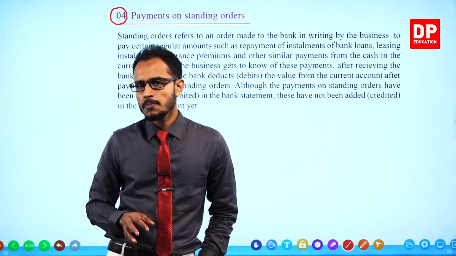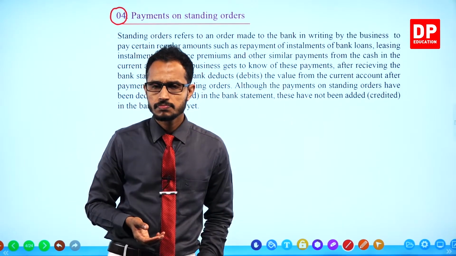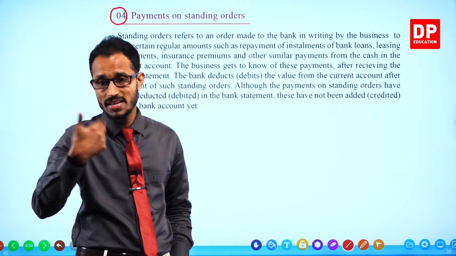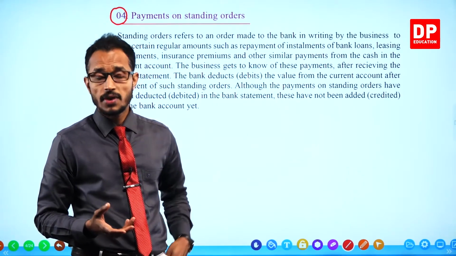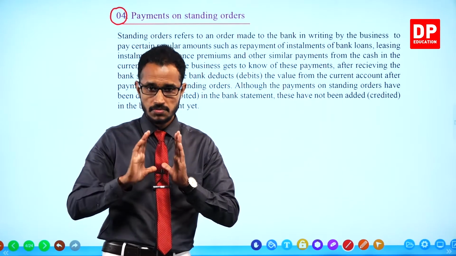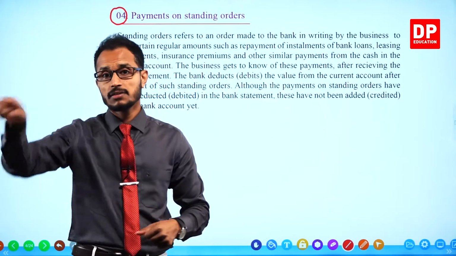These are, children, orders which are given by us ourselves. Let's say the business, if it is a sole proprietorship, the owner has given an order to the bank.